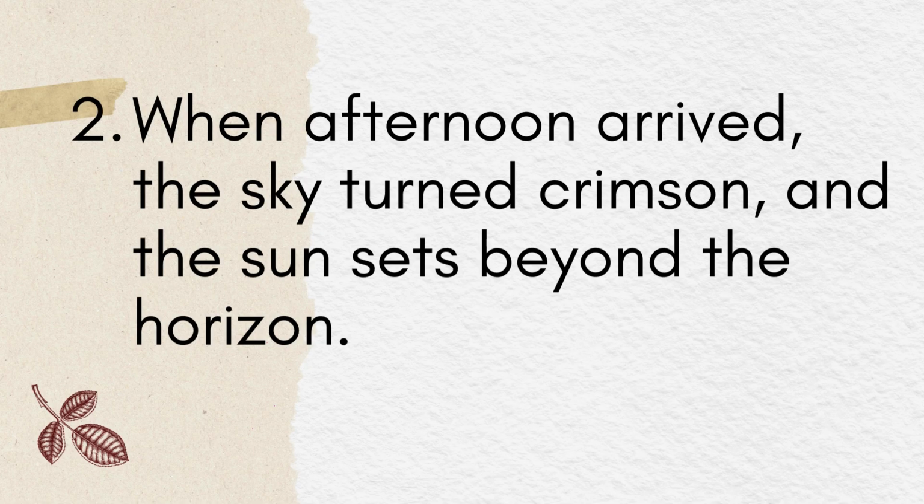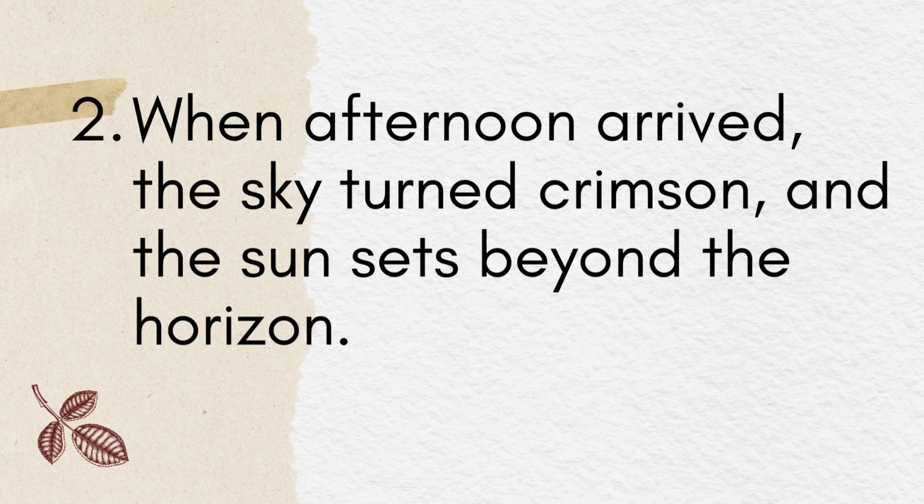I have here another example. When afternoon arrived, the sky turned crimson and the sun sets beyond the horizon. What inconsistency have you noticed? There's another rule of thumb in the use of verb tense: avoid unnecessary shifts. Mixing tenses just confuses the timeline. So here we have arrived, which is in past, and then the sky turned crimson.